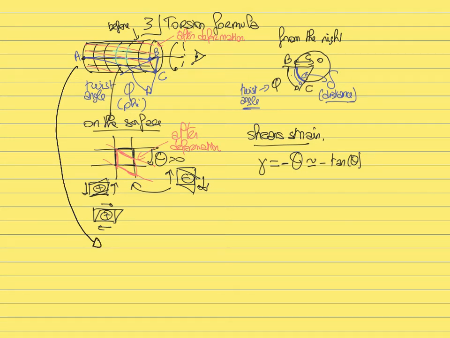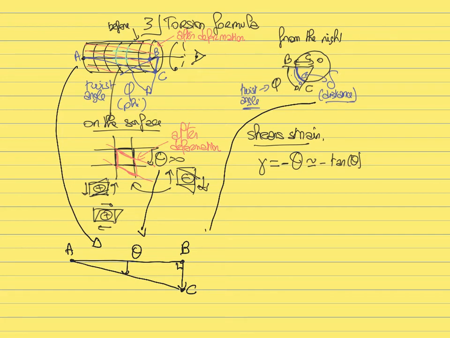If I zoom on this surface, initially you have this line that goes from point A to point B, and after deformation, point B is displaced up to point C. This defines a right triangle, where you have the angle theta, which is the angle that the new tilted lines make with respect to the original horizontal line. I can find this angle theta here. And now I also have this distance delta, which is the distance between point B and point C.